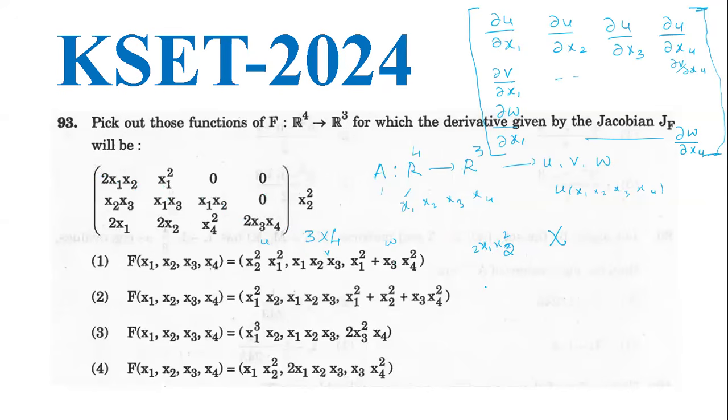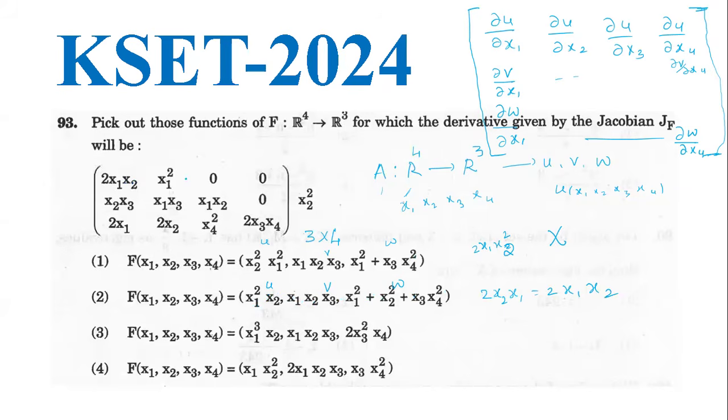If we take the partial derivative of u with respect to x1, x2 is constant here, take it outside. Derivative of x1 square is 2x1, so we get 2x1 x2.